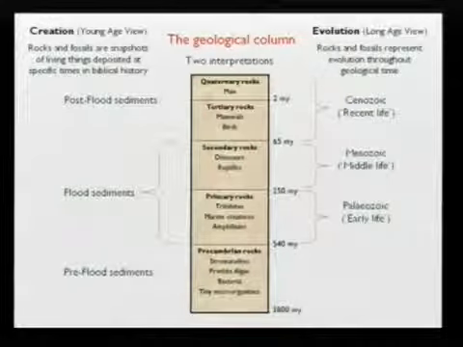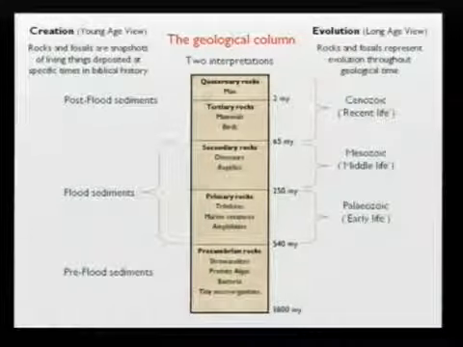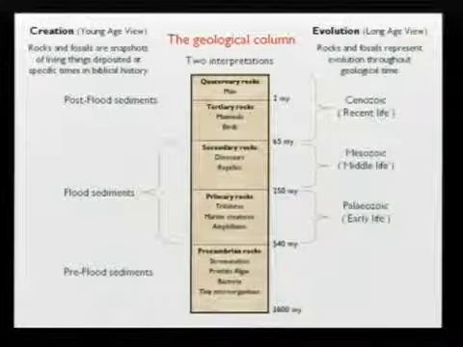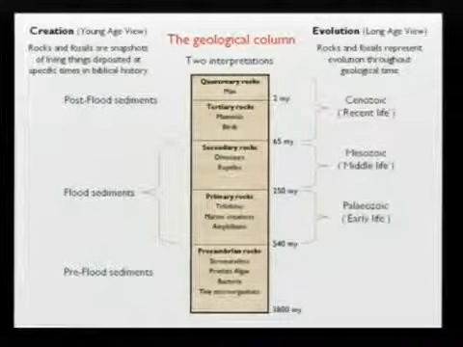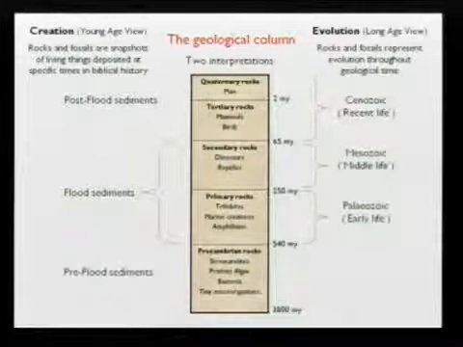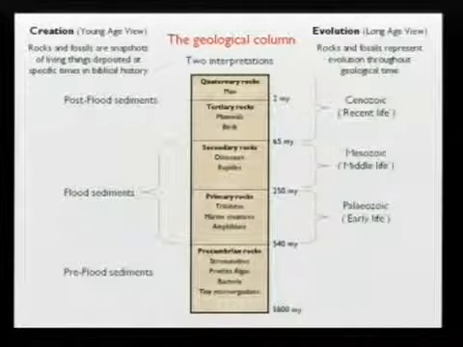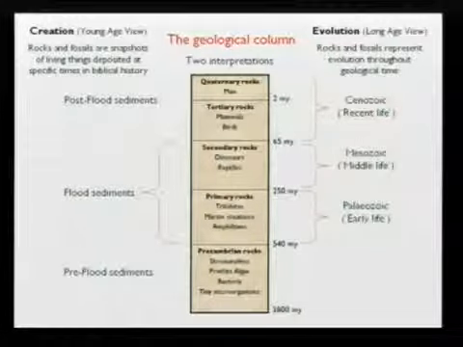The evolutionary or long age view sees the rocks and fossils as a record of evolution over geological timescales. This perspective is founded on the principle of uniformitarianism, the idea that the present is the key to understanding the past.